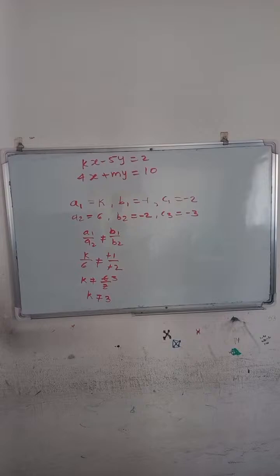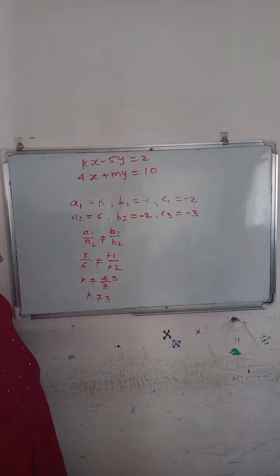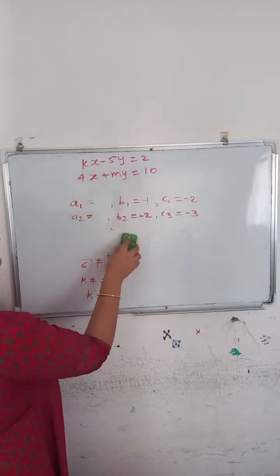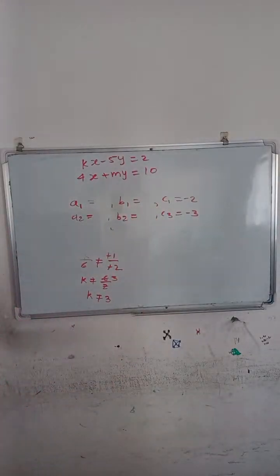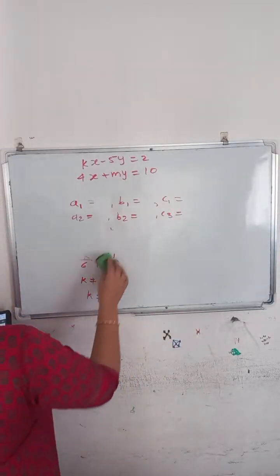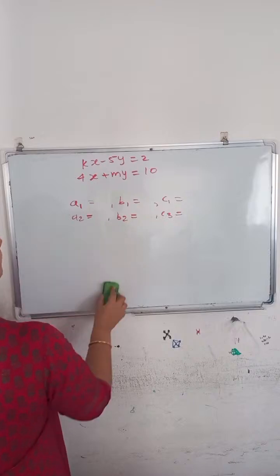then the value of k and m are: option 1, k is equal to 4 by 5 and m is minus 25. Option B, k is equal to 5 by 4 and m is equal to minus 25.